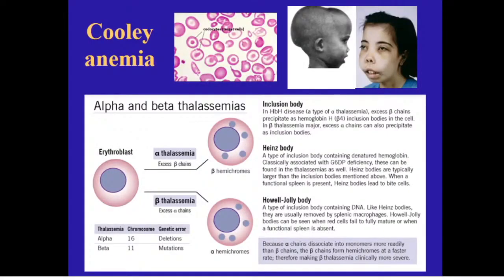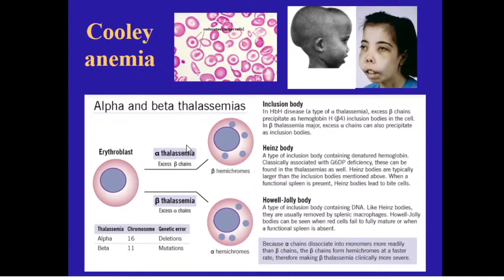Another type of pathological hemoglobin we can see in thalassemias. In thalassemias, the changes are stronger. There is a disorder of synthesis of one of the types of chains in hemoglobin: in beta thalassemia, we have an excess of alpha chains.